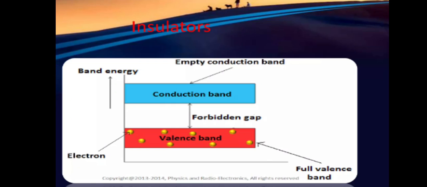That's why materials which have a large forbidden gap between valence band and conduction band act as insulators.